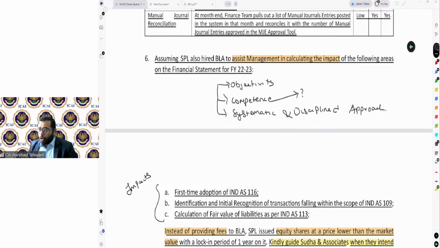What other areas will you look at to ensure the competency of the internal audit function? Some examples.